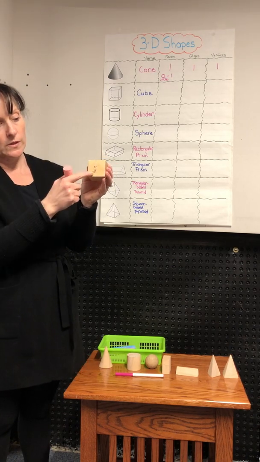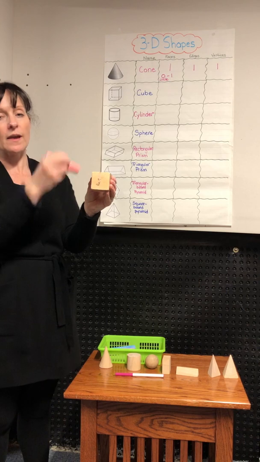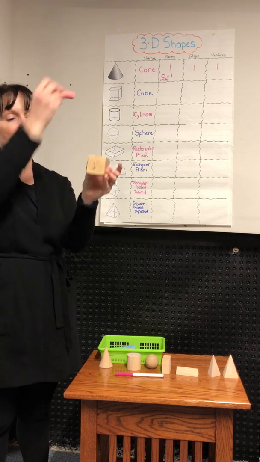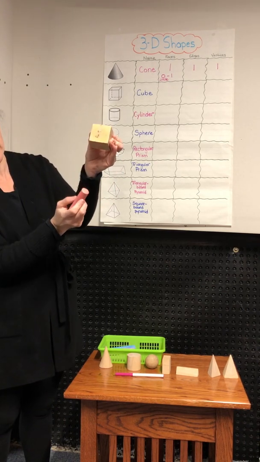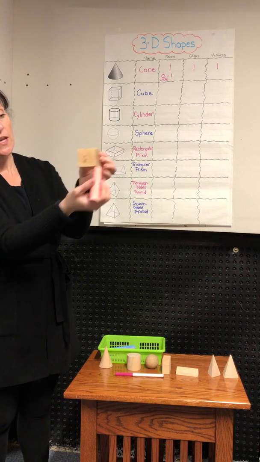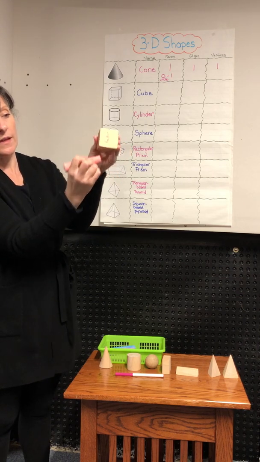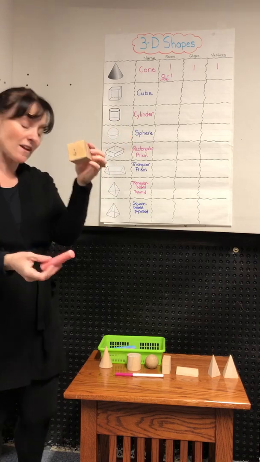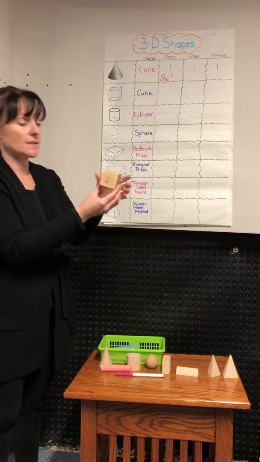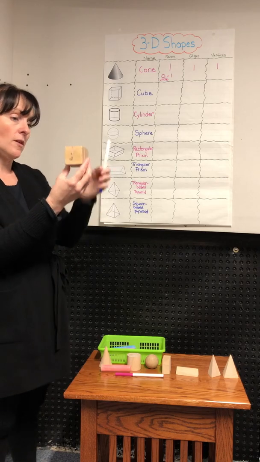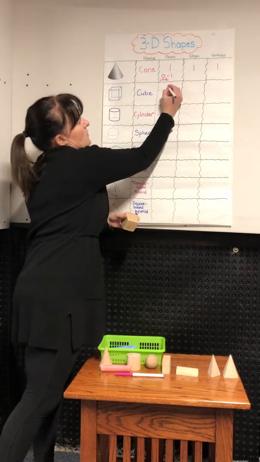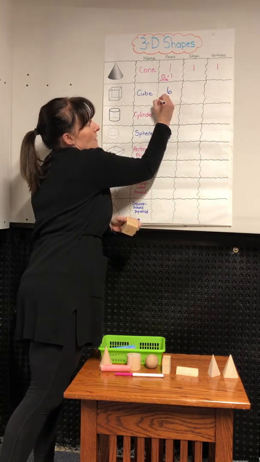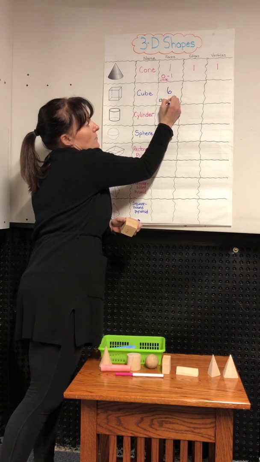So there's 1, we know we've counted it. 2, then I go behind. 3, and I go underneath. 4. Then I go to each side. 5 and 6. Now I know I've counted them all. We have 6 flat faces. All of the faces on a cube are squares. So I'm going to write 6, and then I'm going to draw a square.